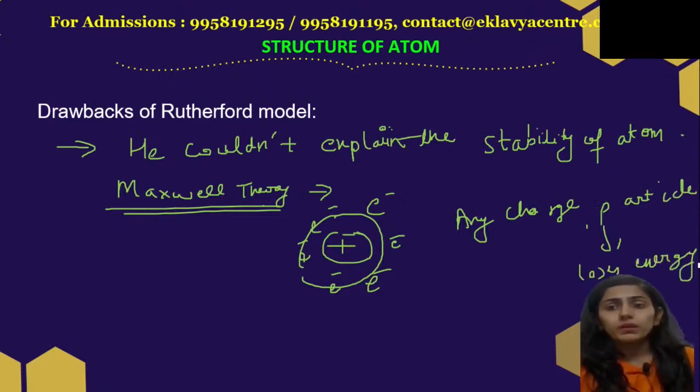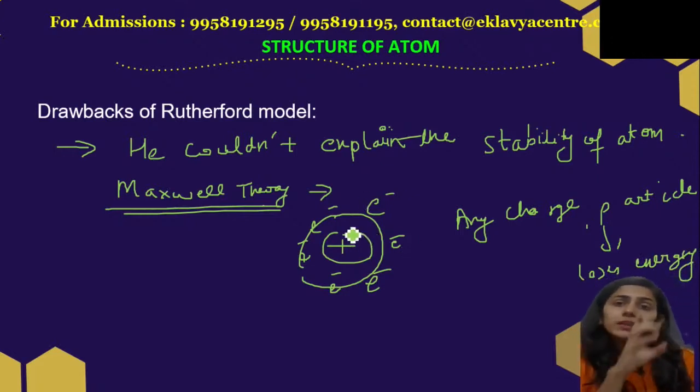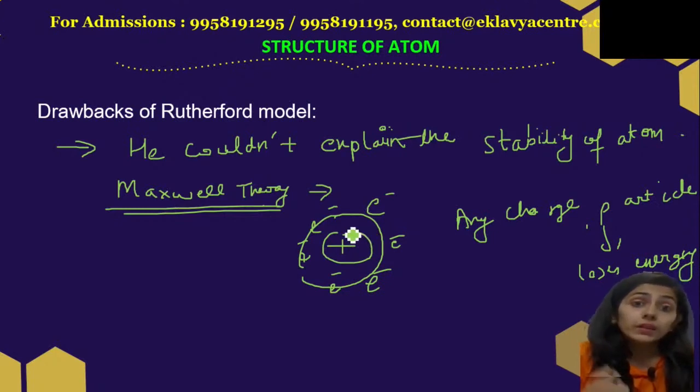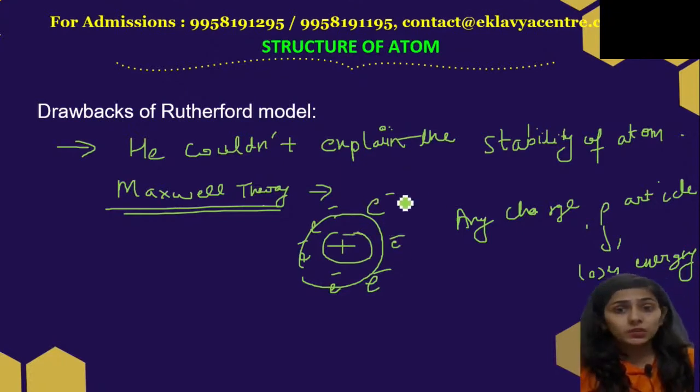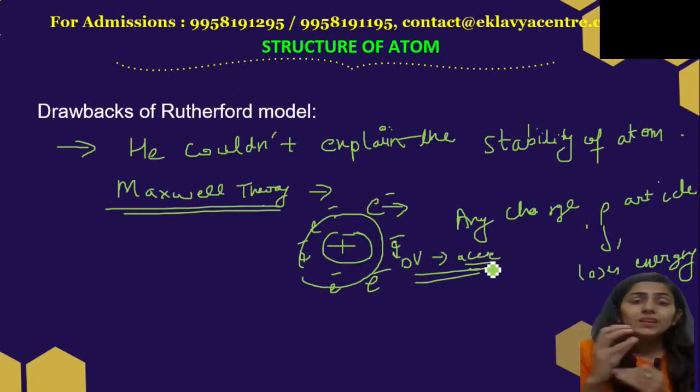According to Rutherford's model, the electrons are continuously revolving around the proton. But if electrons are continuously revolving, there is a change in velocity, and change in velocity is acceleration, so the electrons are actually accelerating.